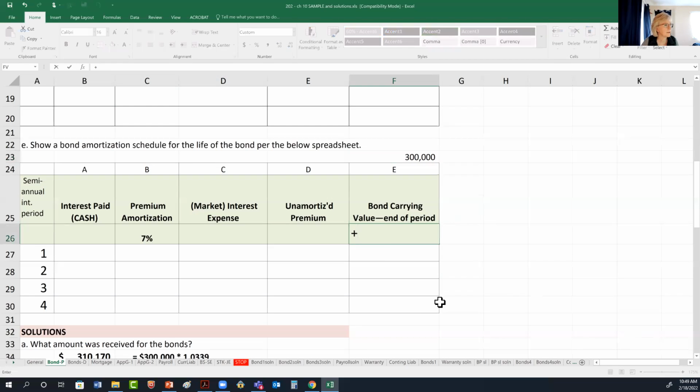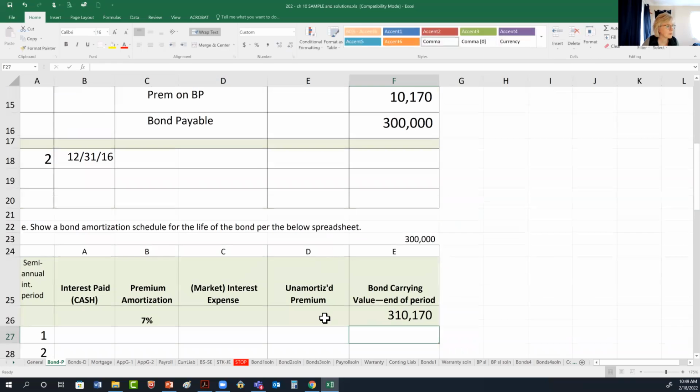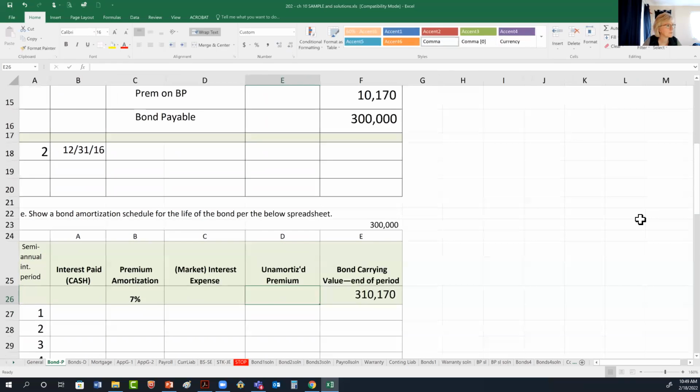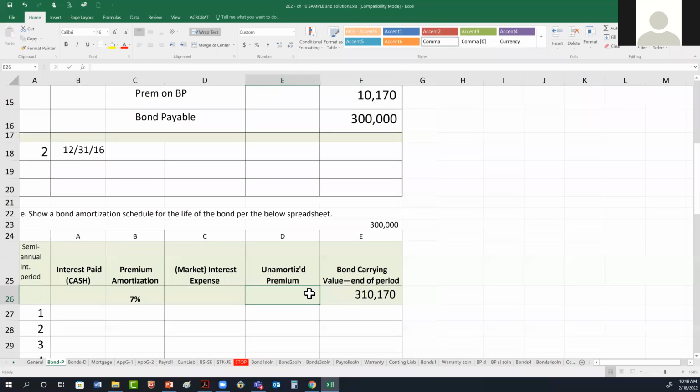So that's going to be what? 310,170. Good. And what's the unamortized premium? 10,170. Great.